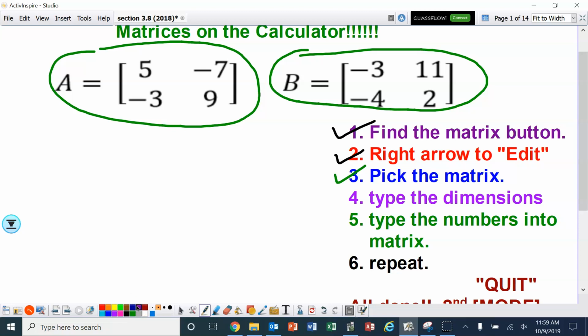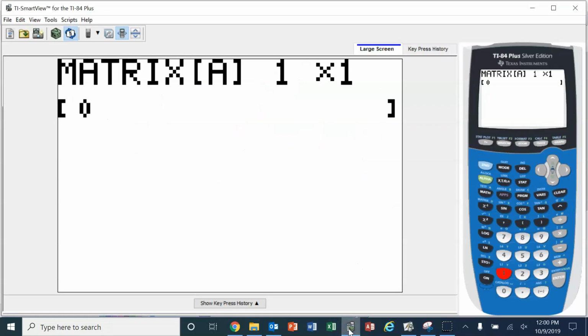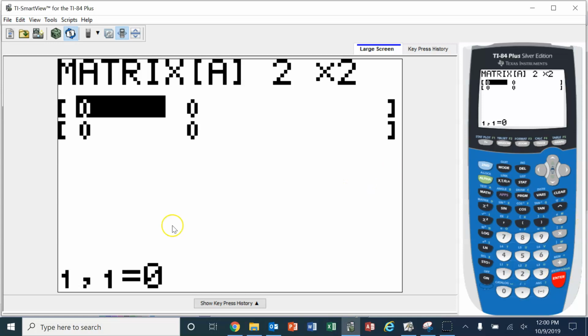Well, this has 2 rows and 2 columns, so the dimensions are 2 by 2. Back to the calculator, we hit 2, enter, 2, enter. You can see we now have the dimensions 2 by 2.